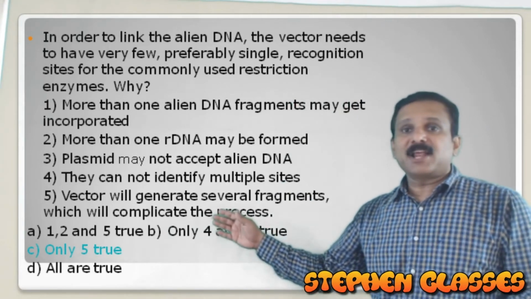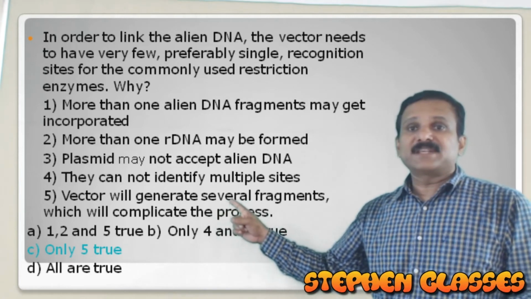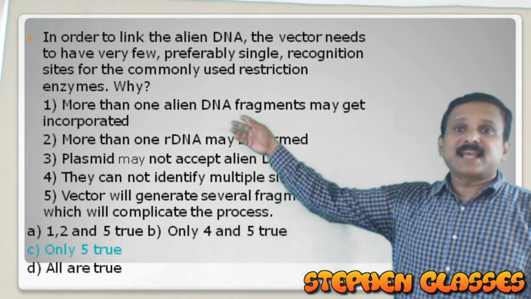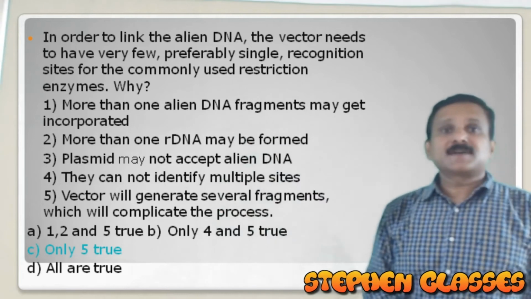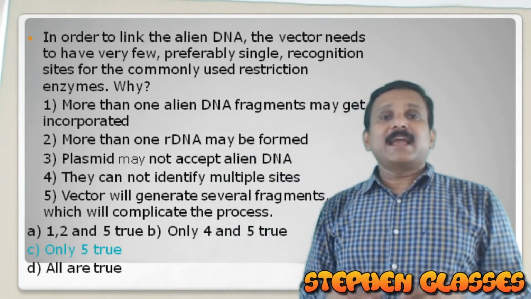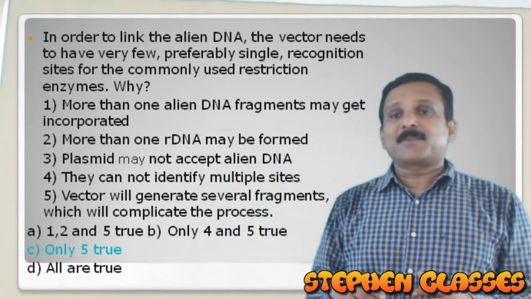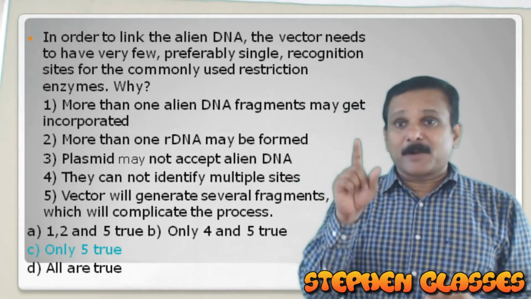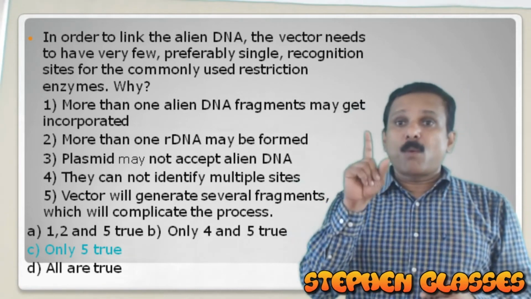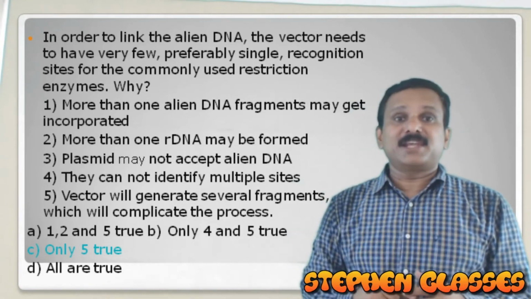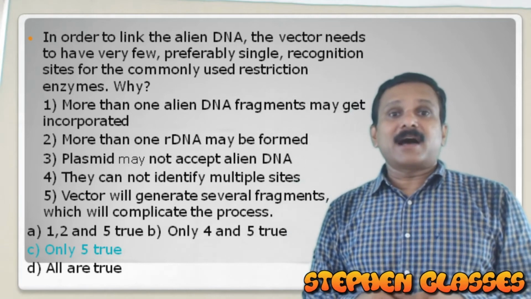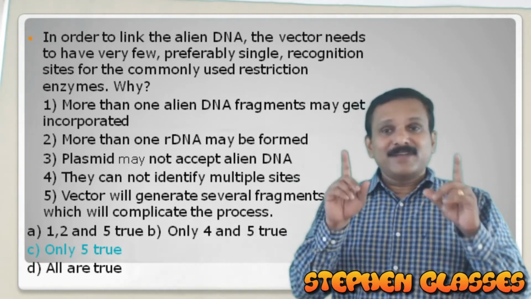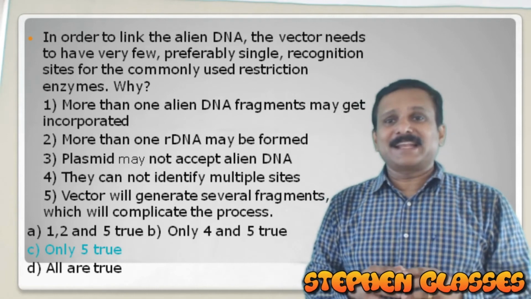So the correct explanation is given in the fifth statement. Other statements are not applicable here. More than one alien DNA fragment may get incorporated? That is wrong. We are trying to incorporate only one donor DNA, only one foreign gene. More than one recombinant DNA will be formed? We are producing only one recombinant DNA at a time.